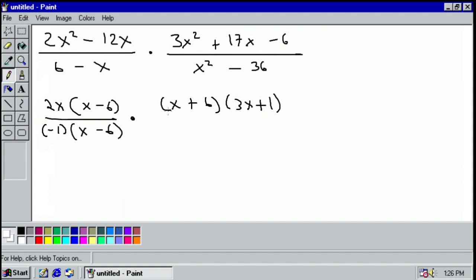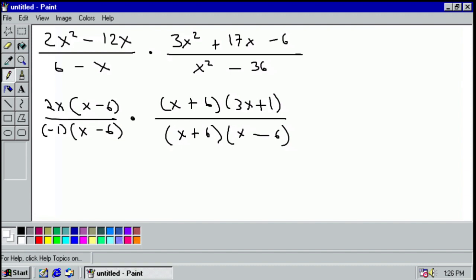And now we can factor this, so that is the difference of two squares. So let's set up two different parentheses here, so one will be positive and one will be negative. Now, the square root of 2x squared is x, and the square root of 36 is 6.